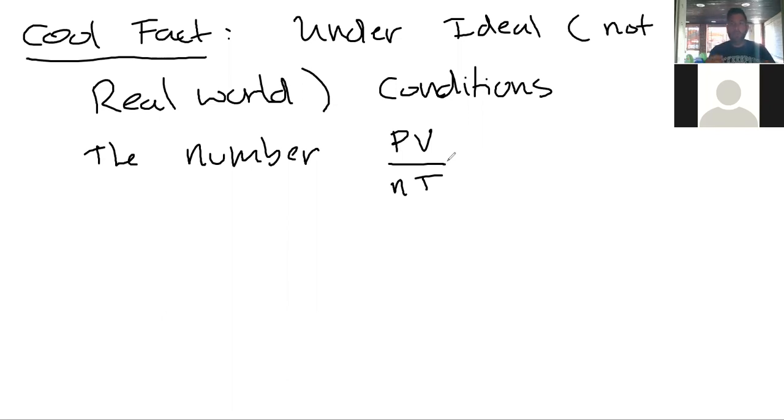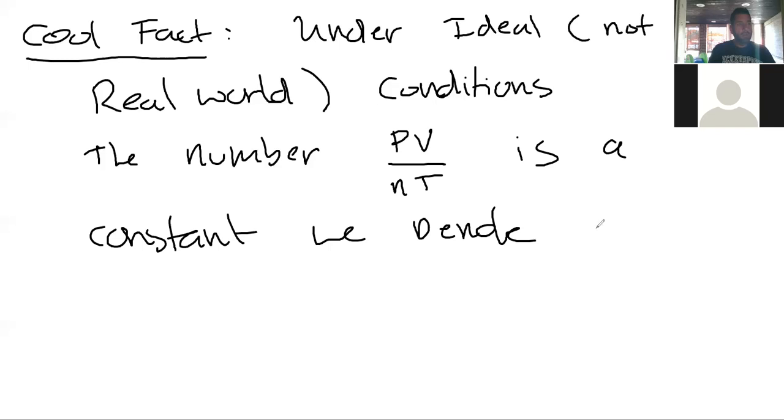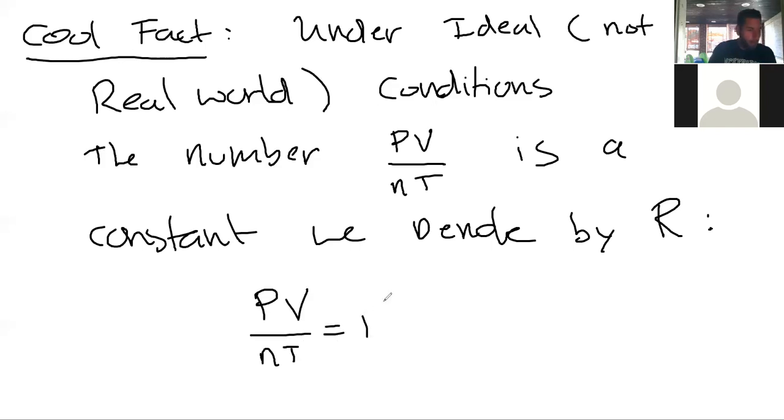Say we're in some laboratory doing an experiment, and at exactly 7 seconds, I freeze everything and calculate the pressure, volume, number of moles, and temperature. No matter what, this thing is a constant. We denote it by R. So if we're going to say it's a constant, we say PV over NT equals this number, R.